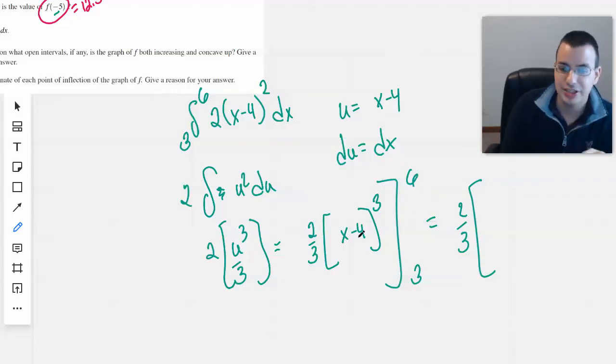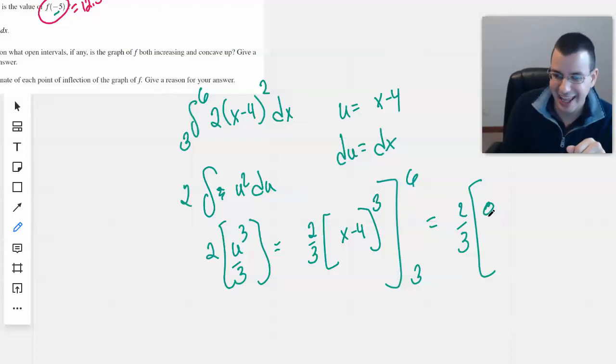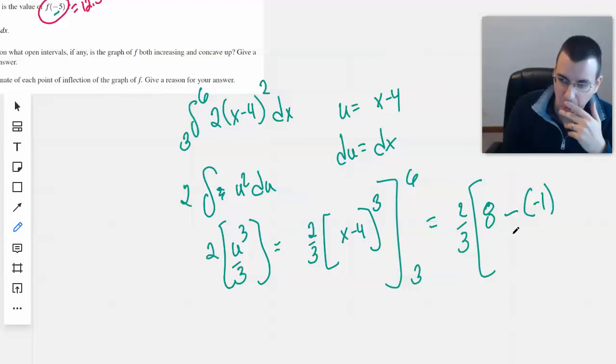Yeah, plug in 6, we get +2. +2 cubed is 8. Minus 3 minus 4 is -1. -1 cubed is -1.